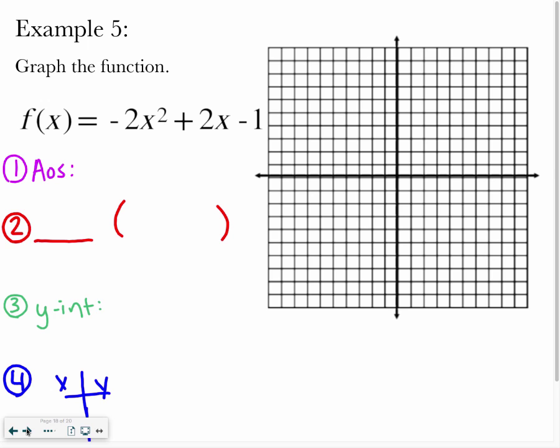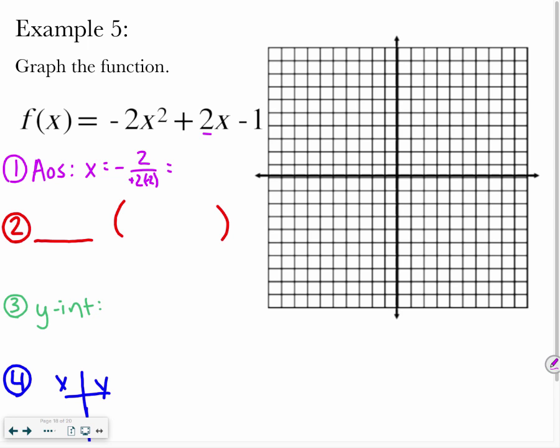Alright, example 5 is going to be the last one that we do together. So we have f of x equals negative 2x squared plus 2x minus 1. Our axis of symmetry, we have x equals negative, and then our b value is 2 over negative 2 times 2, or positive 2 times negative 2, sorry.